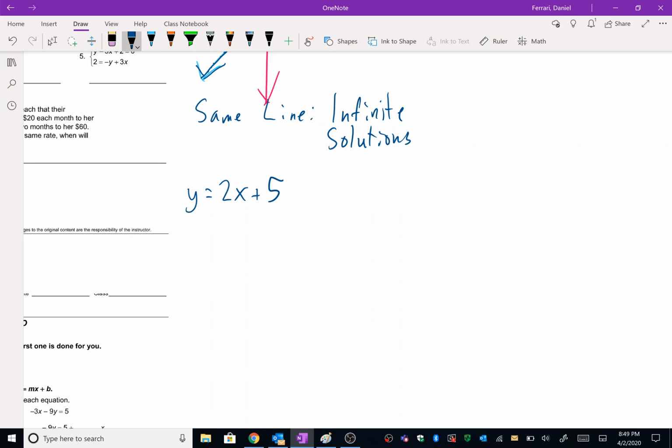Again, you can go back to that 8-1 video and learn all about how to take equations and put them in slope-intercept form. If I have two equations, they will have one solution if the slopes are different.